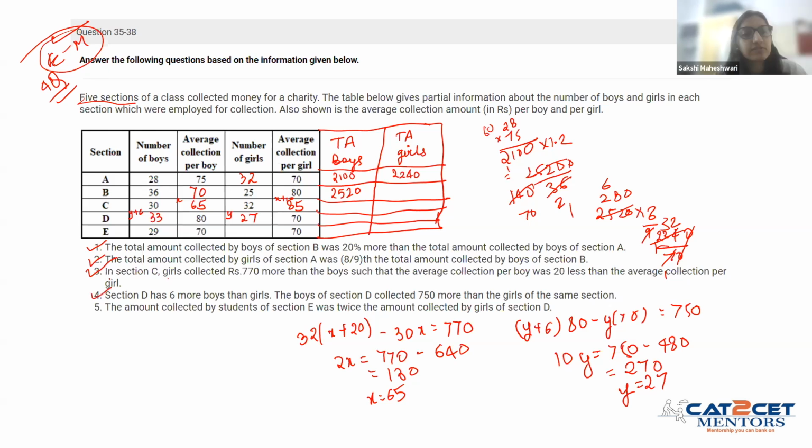We've used this information. Now, the amount collected by students of section E was twice the amount collected by girls of section D. So, how much amount did girls of section D collect?